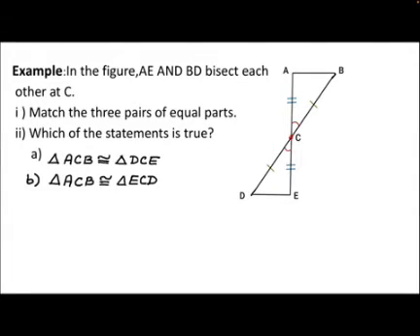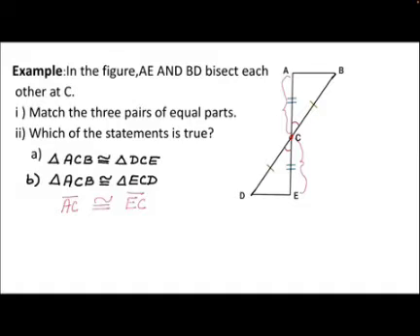So the first thing I am going to prove is I'll state that AC is congruent. AC, where is AC? It's here. Is congruent to EC, children. EC.